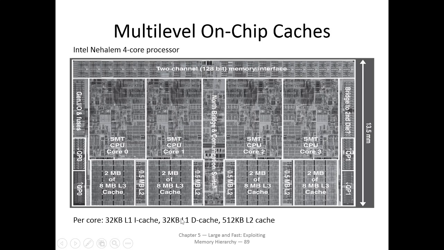So 32 at L1 for I and D, so they broke up instruction and data cache, one for instructions, one for data. And then L2 is a combination, half a meg or 512 kilobytes. And then what it doesn't list here is the 8 megabyte L3 cache, which looks like it's broken into 4 banks, 2 megabytes each.